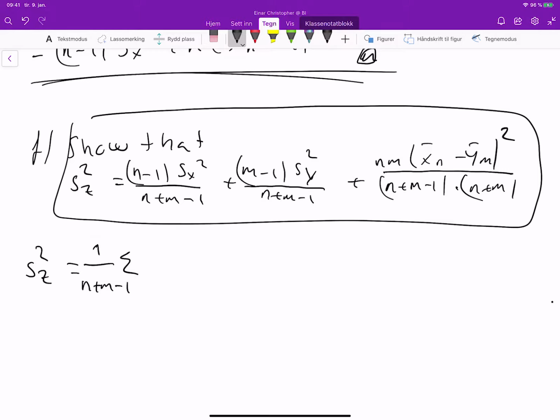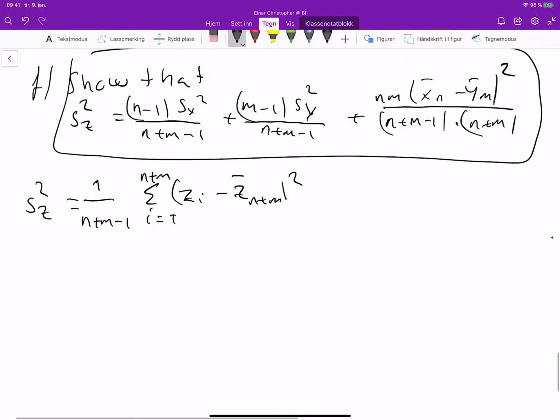So this is just the formula for empirical variance, which I'm using for the z's. The sum, i equal 1 to n plus m, of z_i minus z bar n plus m in the power of 2.